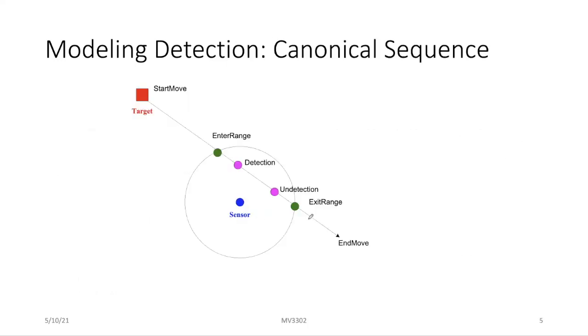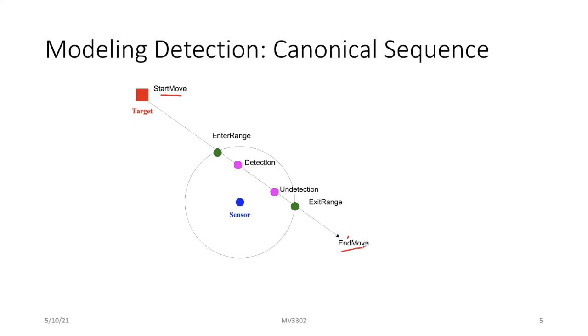Okay, so now what does this look like? I call this a canonical sequence, because this is kind of what's just been described. We have a target that starts outside the range. It has a destination that's over here. So we're going to have a start move event and an end move event.